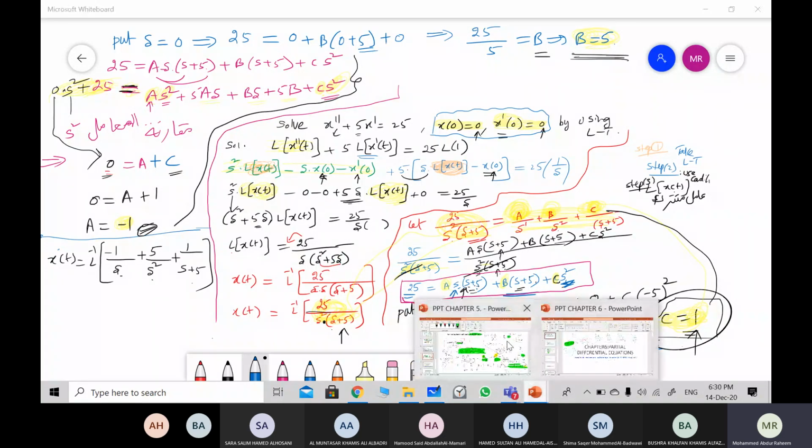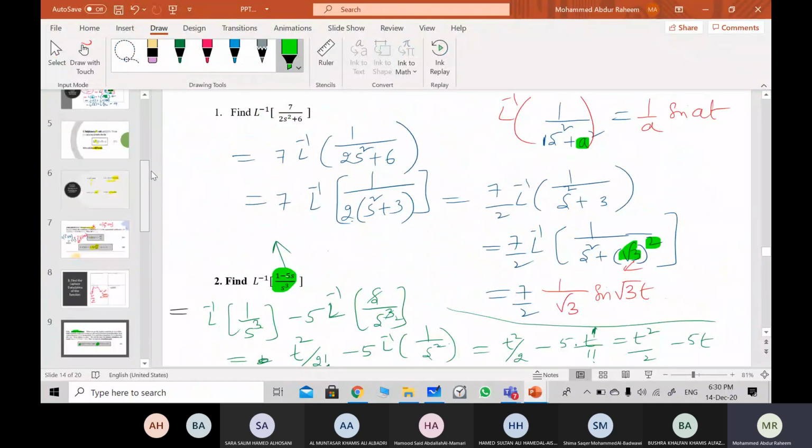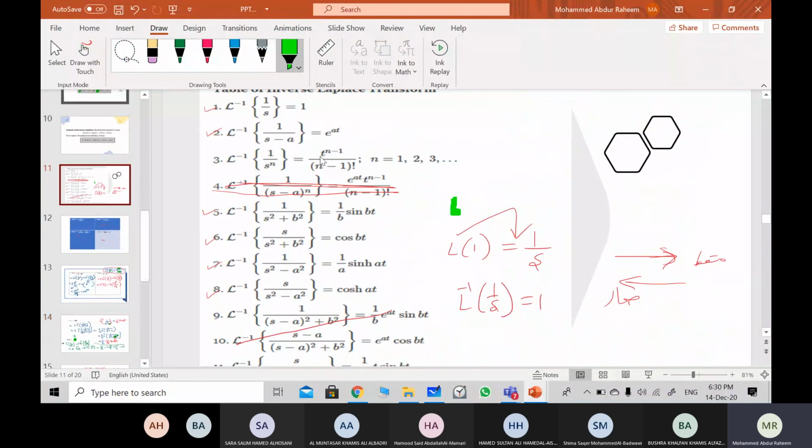These rules for L inverse. Now this will be applied, this or this or this or this, because these are the standards. But that is only for multiplication, so we need to split.